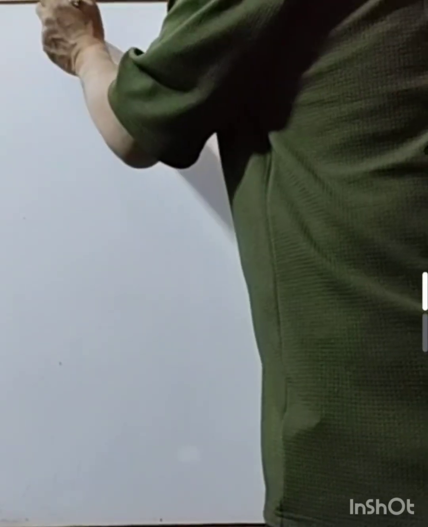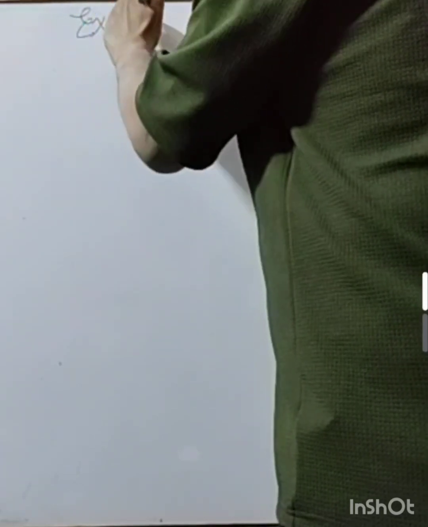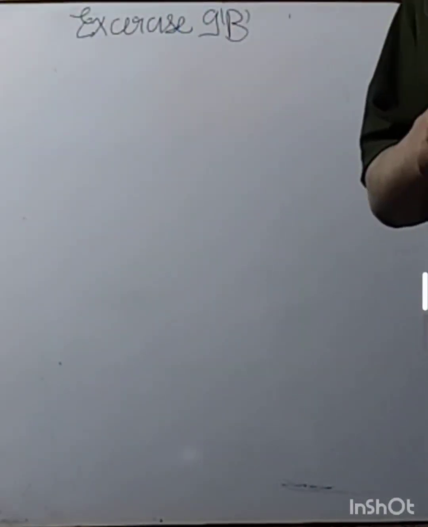Now we have the next exercise, Exercise 9B. What did I tell you about a regular polygon? All the angles are equal.